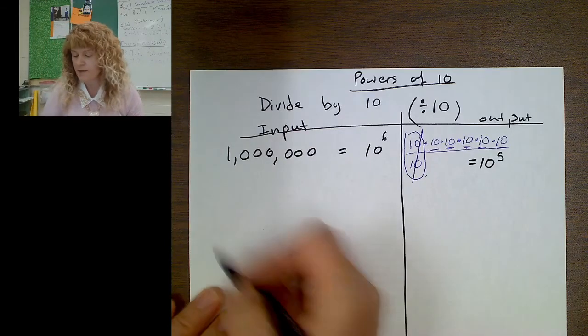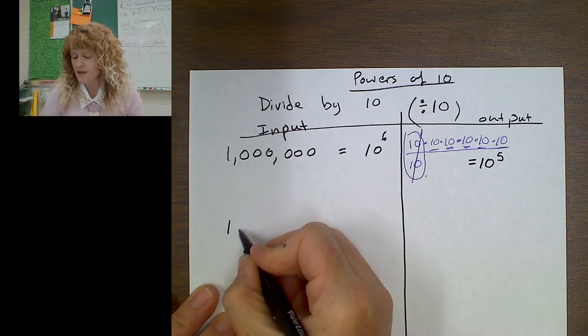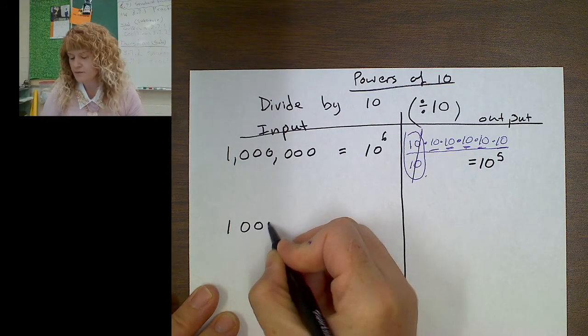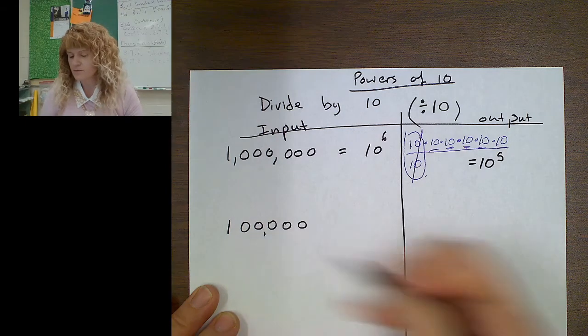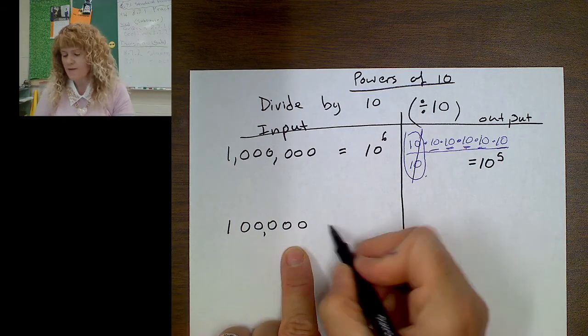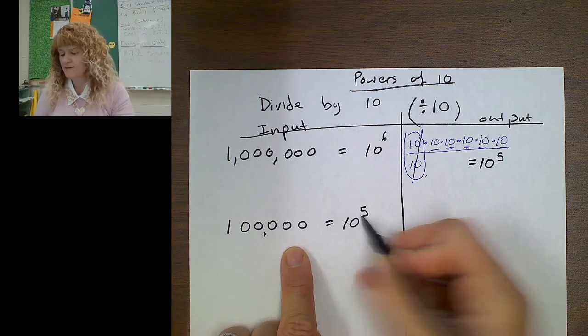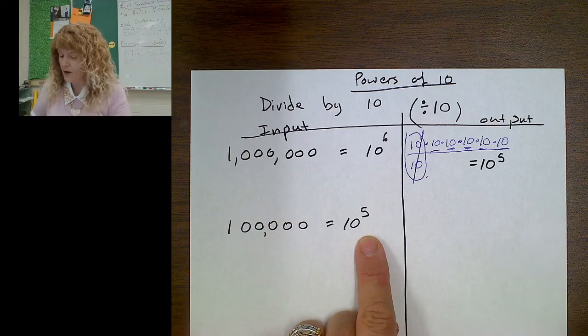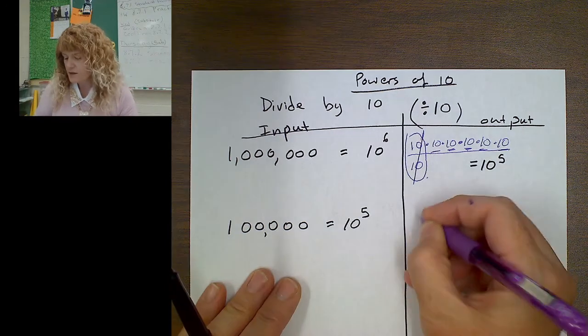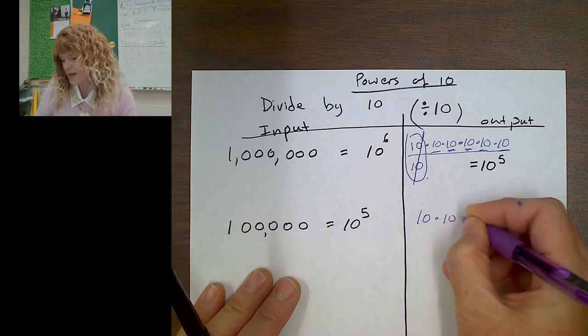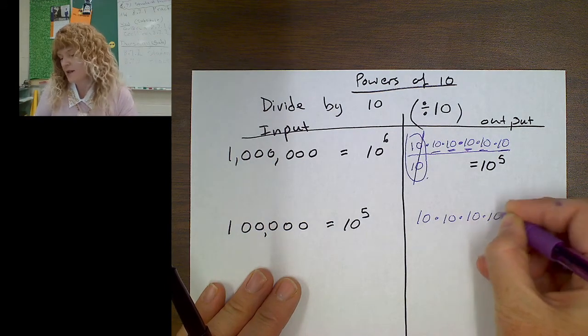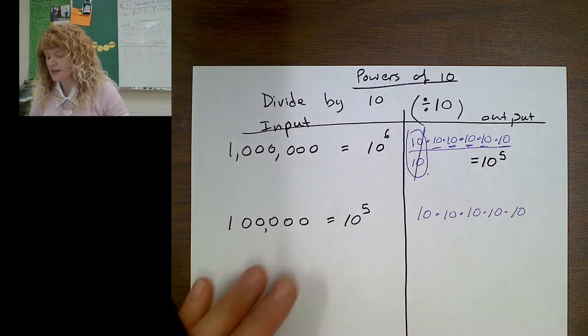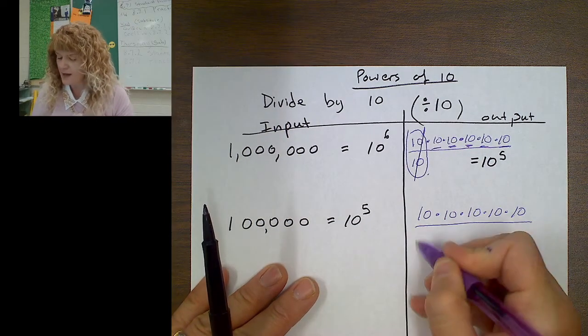Okay, let's keep going. Now I'm going to take that 10 to the 5th power, and I'm going to divide that by 10. So 10 to the 5th power, and then go to the output. I'll write it out. 10 times 10 times 10 times 10 times 10. There's 10 to the 5th, and I'm going to divide that by 10.